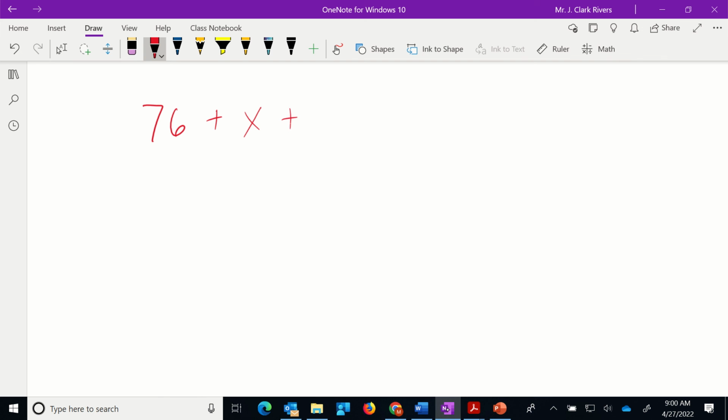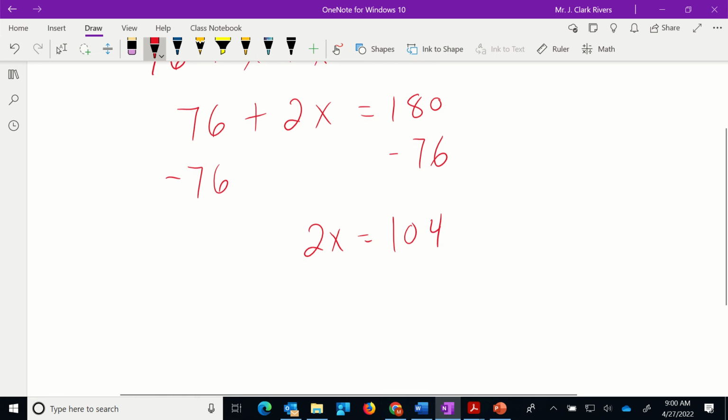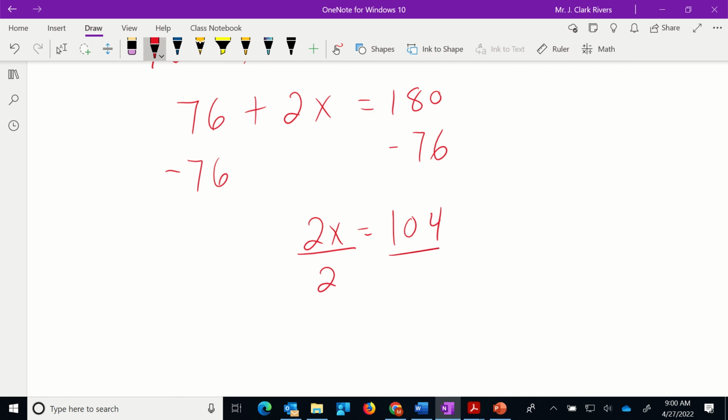So 76 plus x plus x equals 180. Okay, so we get 76 plus, what's x plus x? 2x equals 180. We can subtract 76 from both sides, and we get 2x equals, what is that going to be? 104. And now to solve for x, we've got to divide by 2.